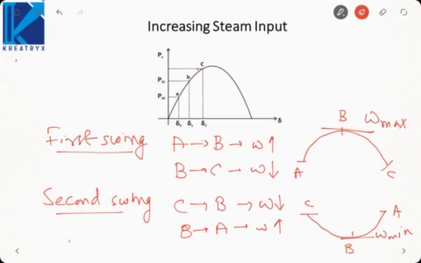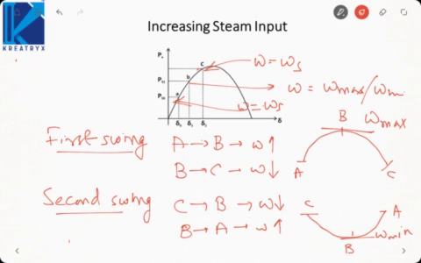That is, in the first swing we get the maximum speed at B, and in the second swing we get the minimum speed at B. But at both ends C and A, we have speed equal to synchronous speed. So it is omega max or omega min, depending on whether you are considering the first swing or the second swing.